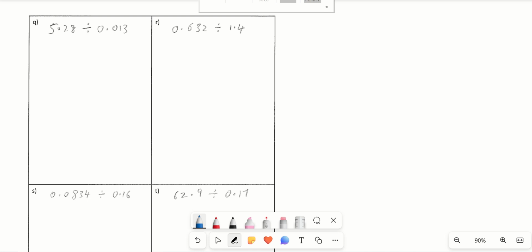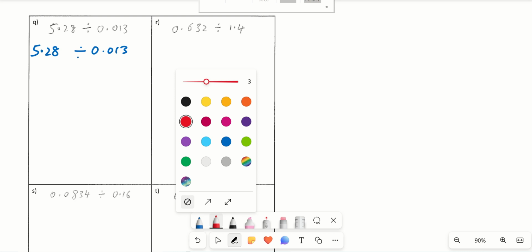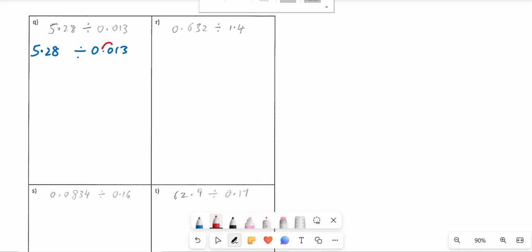So I'm going to write it out. 5.28 divided by 0.013. Now, again, as in the earlier examples, we move the decimal point in the divisor until the divisor becomes a whole number.